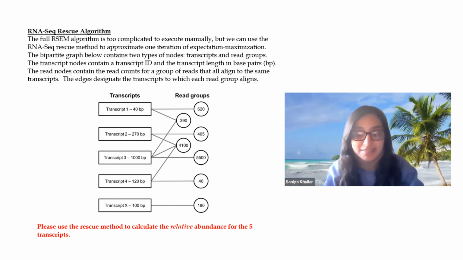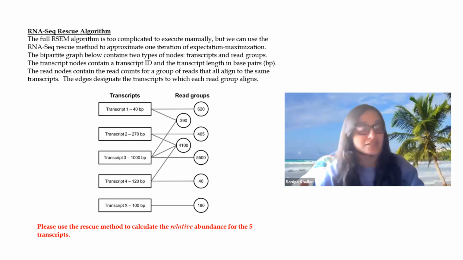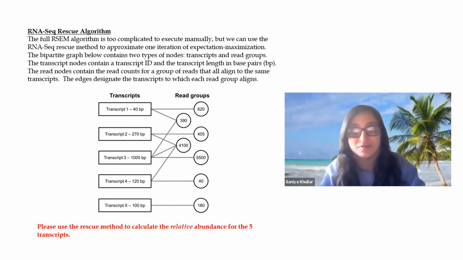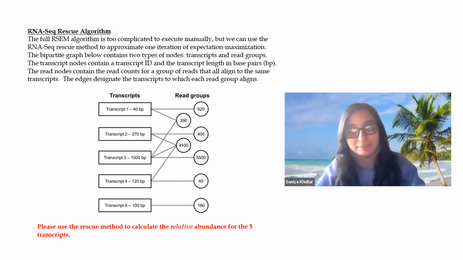So you usually have transcripts and read groups. It's so important because RNA sequencing data is transforming how we measure transcript abundances, and we don't know how to handle reads that map to multiple genes or isoforms. So what RSEM is doing is trying to help us deal with that.